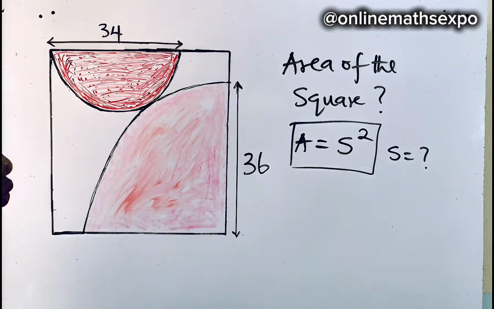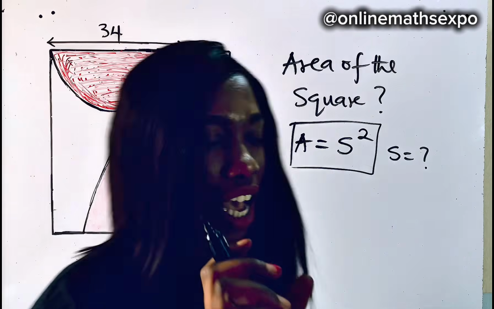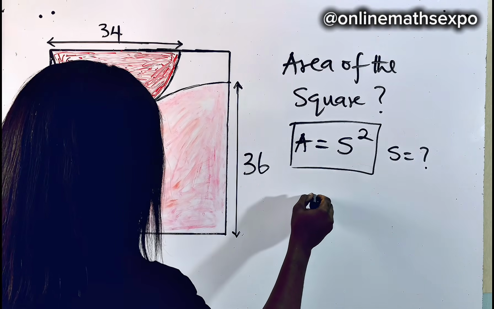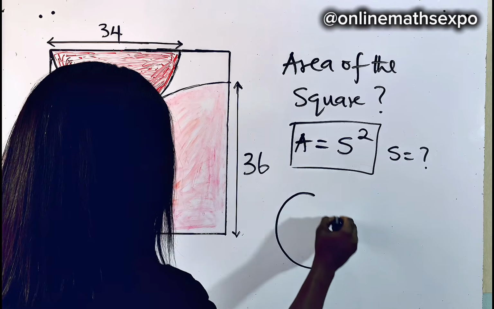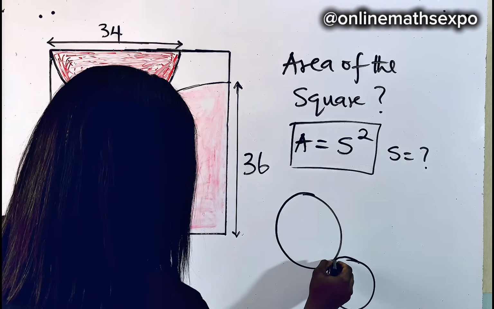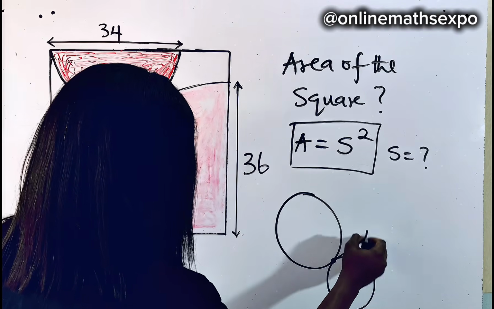Now go back to this question. All you need to do is to remember a theorem. And what is that theorem? The theorem says that any time you have a circle drawn and another circle is drawn such that they both touch each other at a point, we call this the point of tangency.